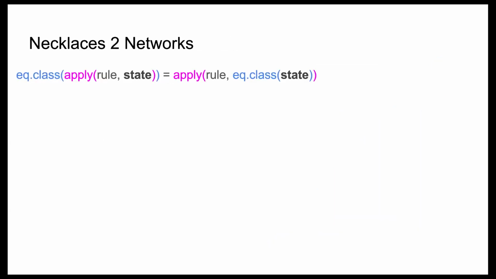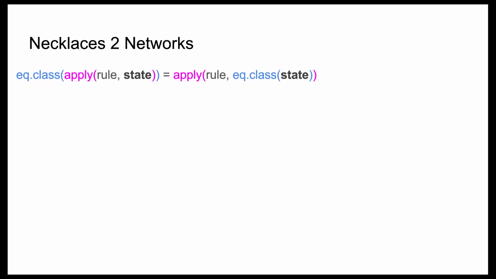I talked about necklaces, but the title of the paper was also mentioning networks. How do we go from one to the other? As I mentioned, the equivalence class of the application of a rule to a state is the same as the application of the rule to the equivalence class of the state.